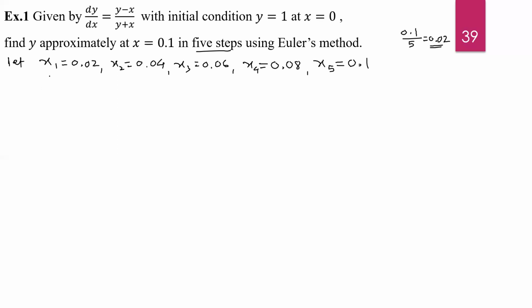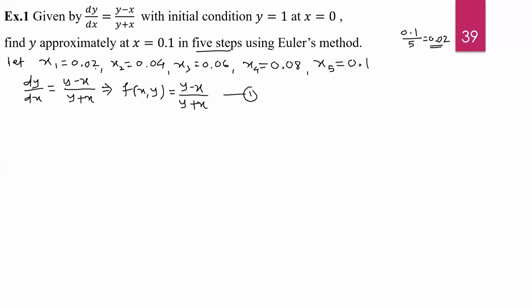Now we have the differential equation dy by dx is equal to y minus x divided by y plus x. Now the right hand side term is a function, that is f of x y is equal to y minus x divided by y plus x. Say equation number 1.